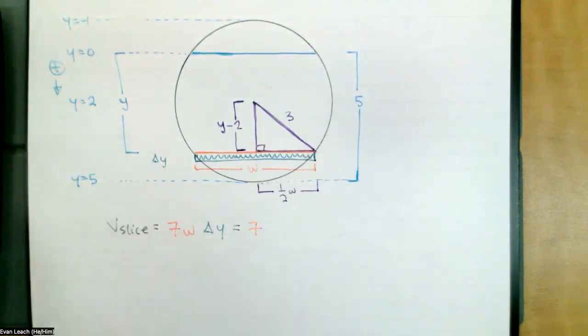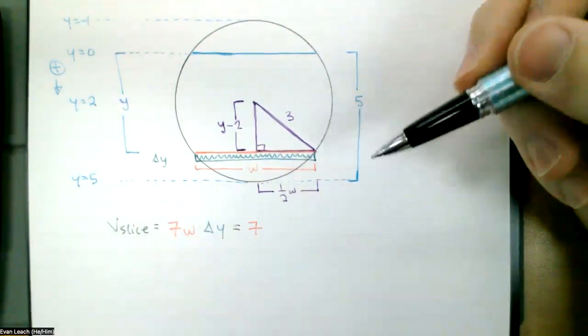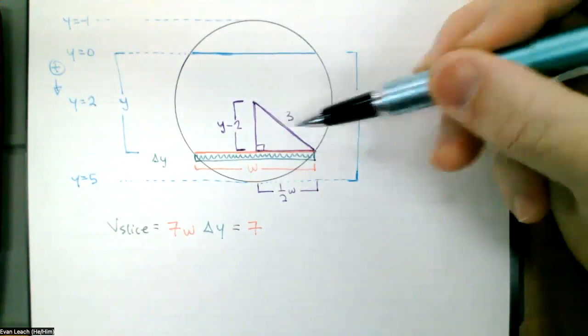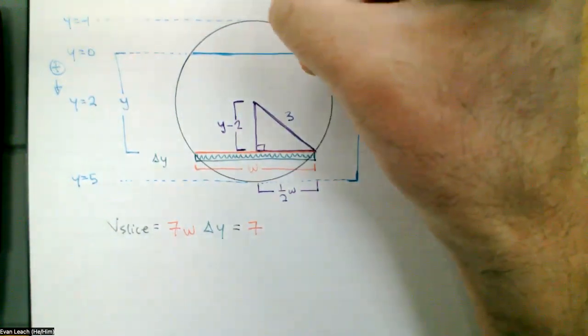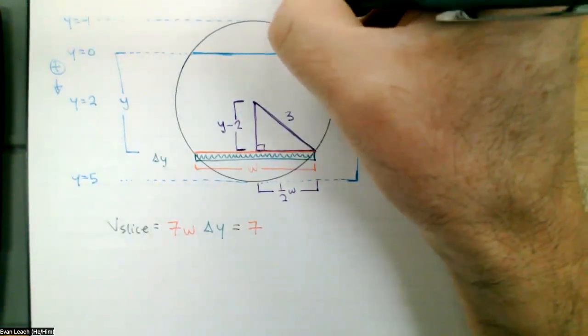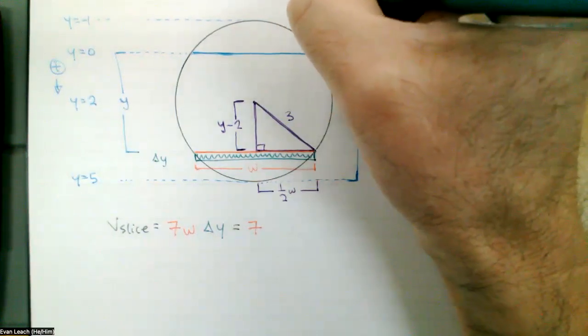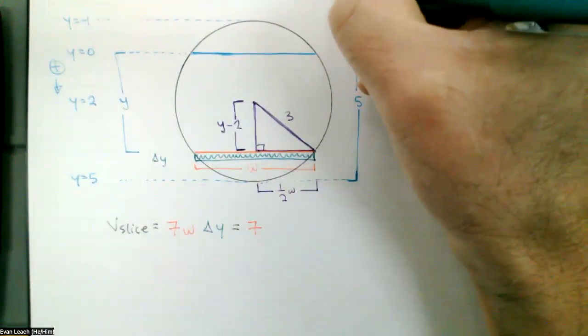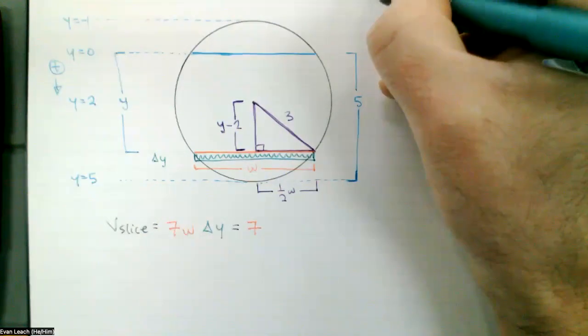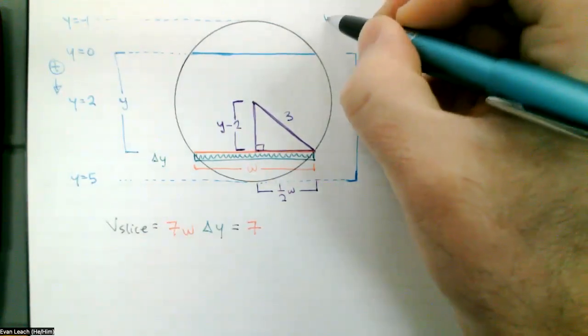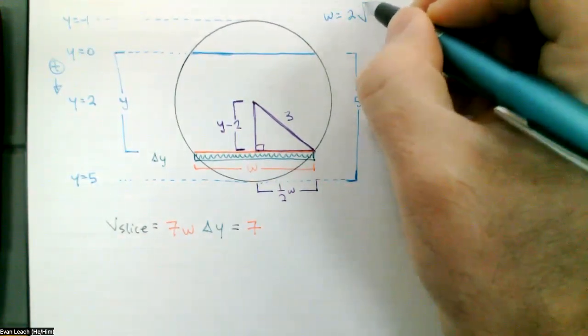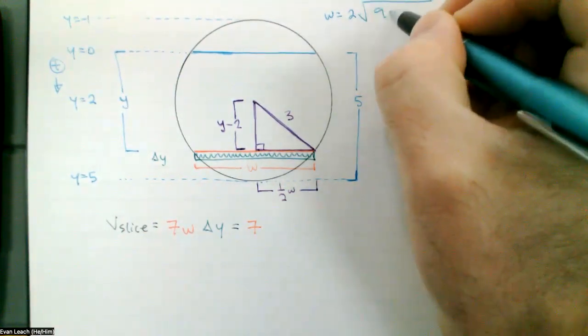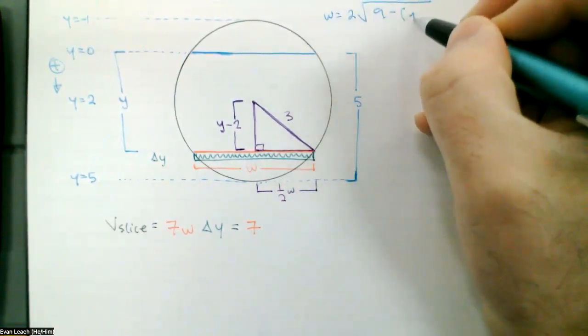So in this case, I have a half w squared plus y minus 2 squared is equal to 9. So w will be 2 times the square root of 9 minus y minus 2 squared.